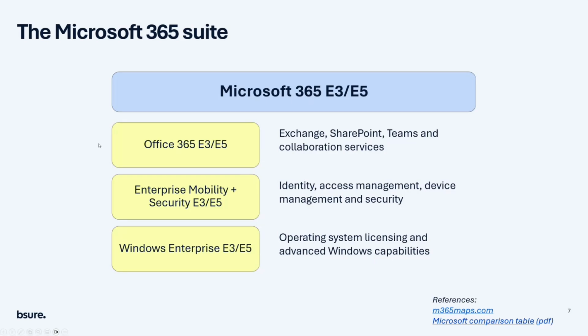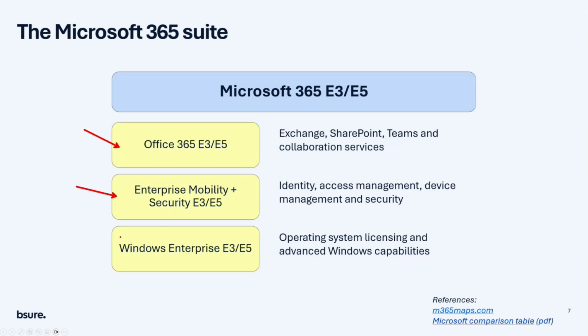Those that have been around a while probably remember that we used to only use Office 365, and that is the collaboration and productivity product within Microsoft 365. EMS is for identity, security, and device management.